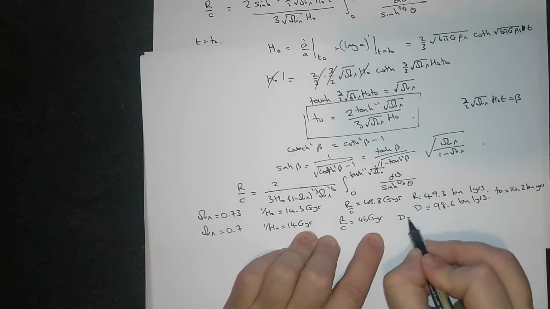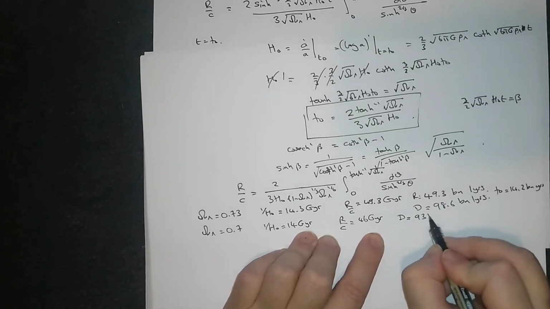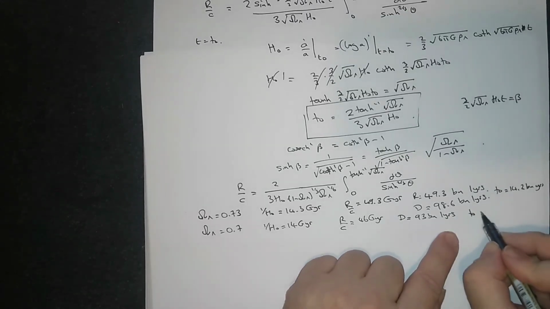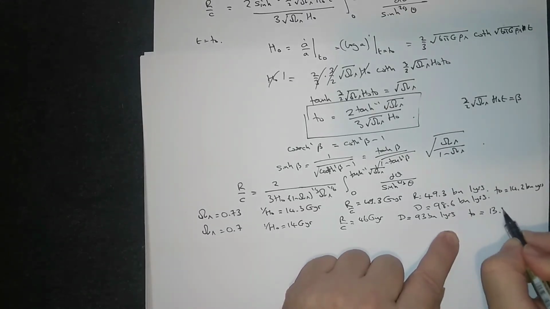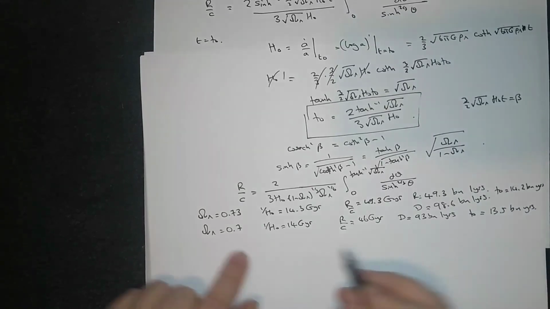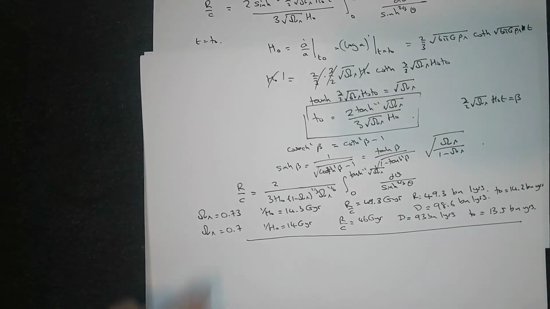In fact, the diameter will be 93 billion light years, and the age of the universe will be 13.5 billion years. So what we have done is work out the radius or diameter of the observable universe and its age from the observations, and by integrating up the Friedmann equation which we derived in the previous video.